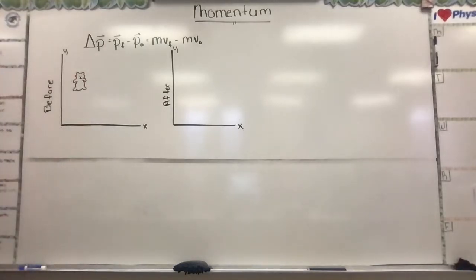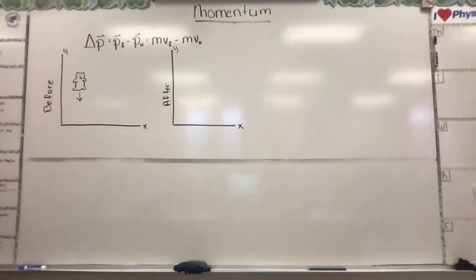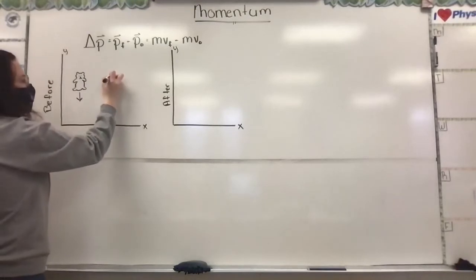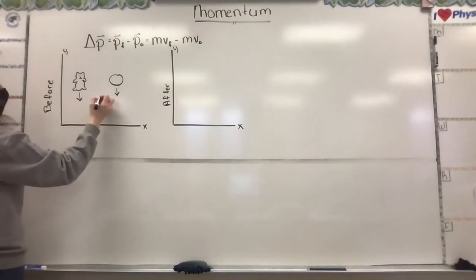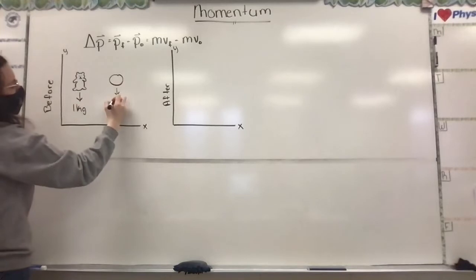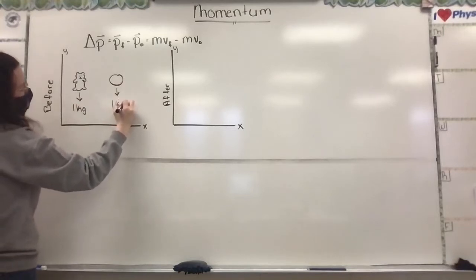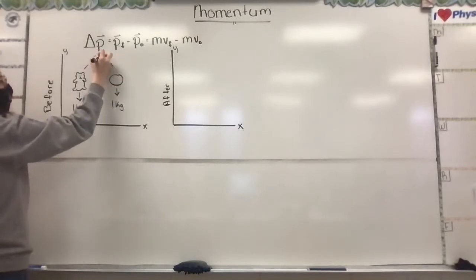The Beanie Baby is falling down. The reference frame lets us know that it's starting at some height falling towards 0. Then there's also a rubber ball which is falling down as well. The Beanie Baby is 1 kilogram, the rubber ball is 1 kilogram, and they are both falling at a speed of 4 meters per second.